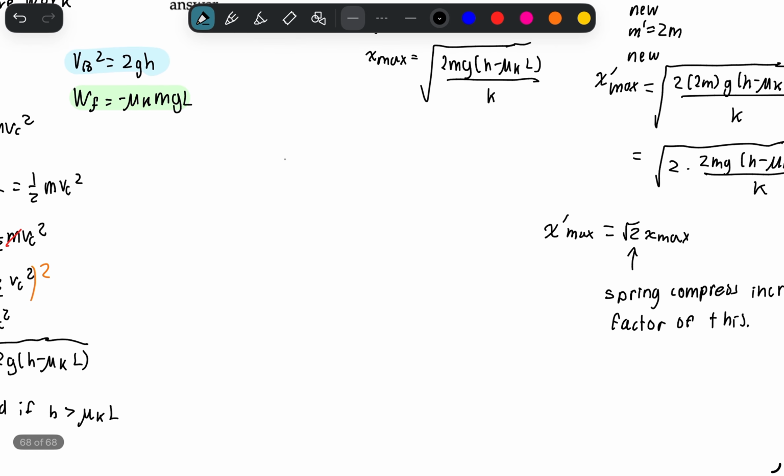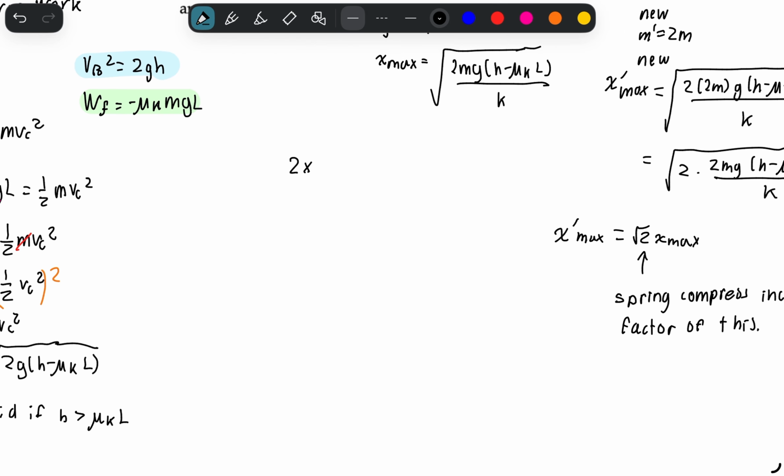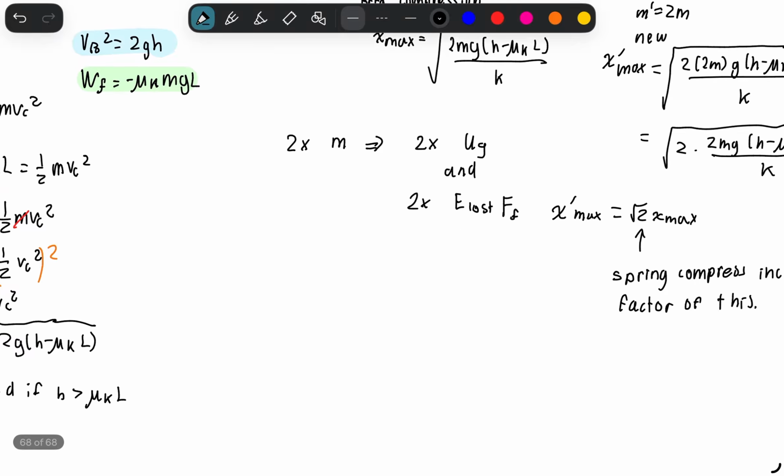So what we see is that if you double your mass, that means it's going to double your UG, and also double your energy lost from the force of friction.